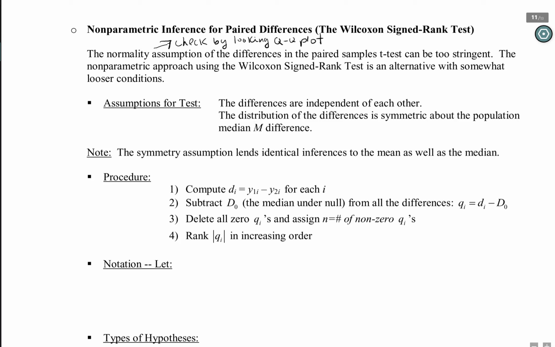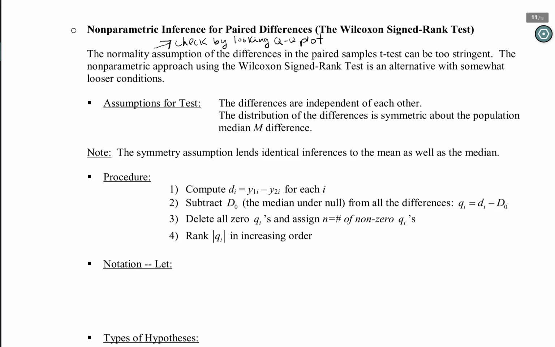Now, because of this symmetry assumption, it turns out that inferences made on the median are the same as inferences made on the mean. That's not quite the same thing as saying that this test is equivalent to the paired t-test, but it's saying that if you want to make an inference on the mean here, you can, because the median and the mean for these underlying populations are the same due to the symmetry assumption.